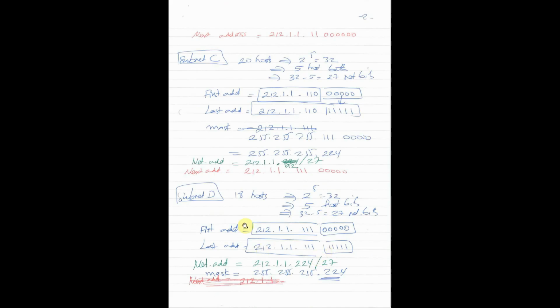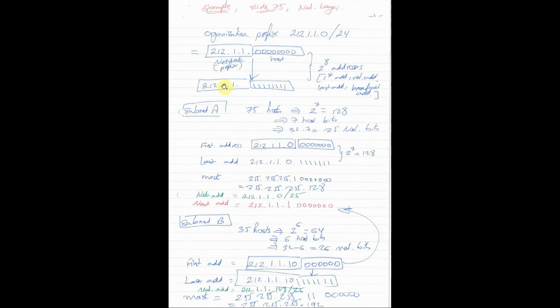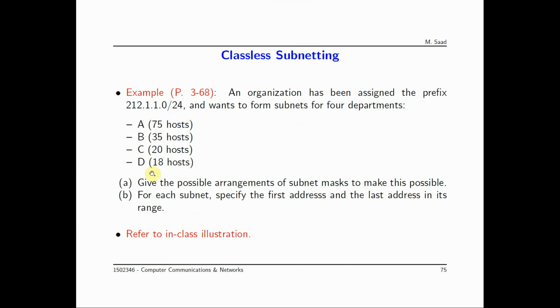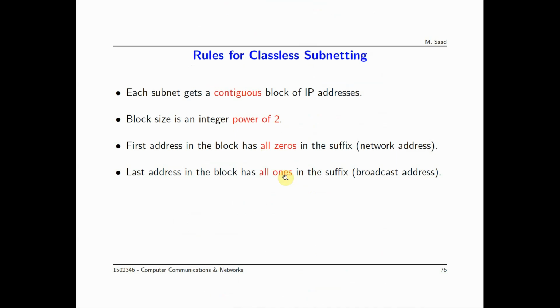This address, which is the last for subnet D, is already the last address for my whole network, so I don't have any remaining addresses, and I cannot imagine any other subnet that can be allocated. So this finishes the question.